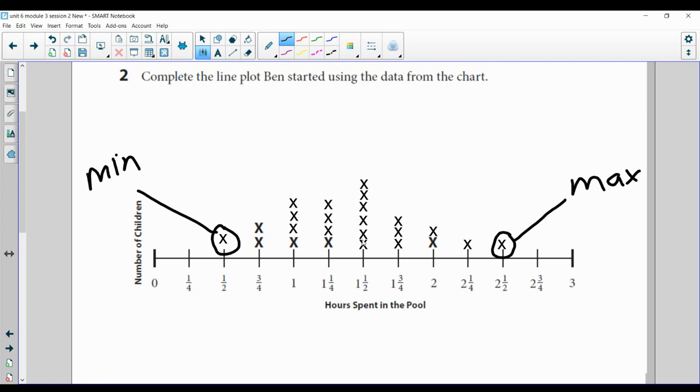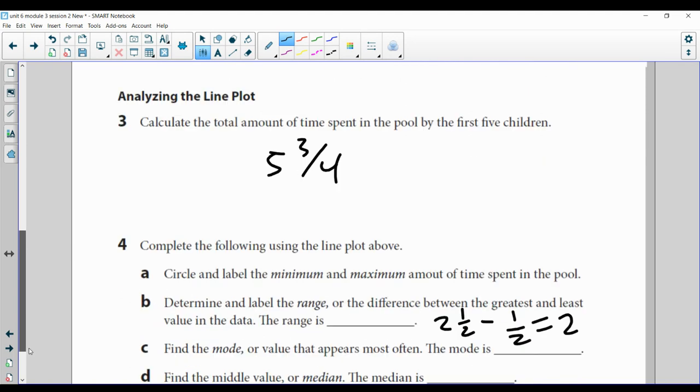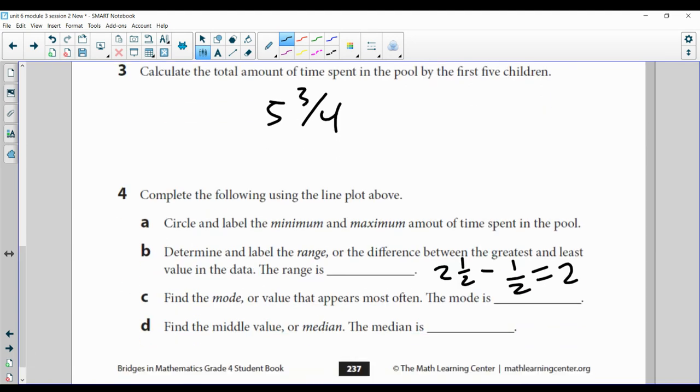That would be 1 1/2, because we had 1, 2, 3, 4, 5, 6 X's on there. So there's 6 kids that spent that amount of time in the pool. So I'm just going to put that there for this one. We'll get rid of our work here. And so that's 1 1/2, because remember, mode is the number that had the most X's when we did the line plot.